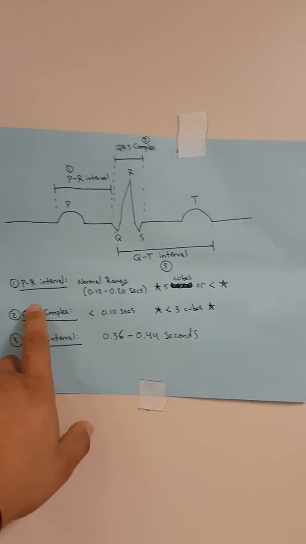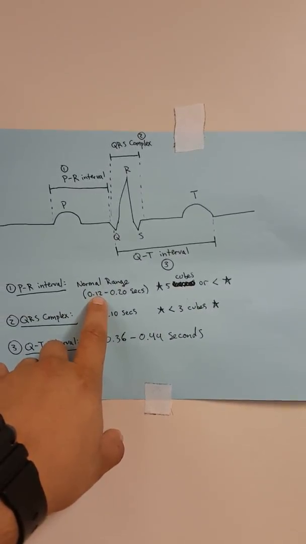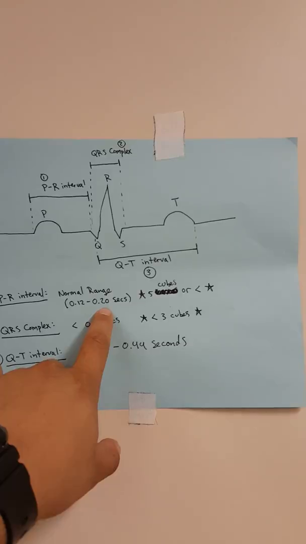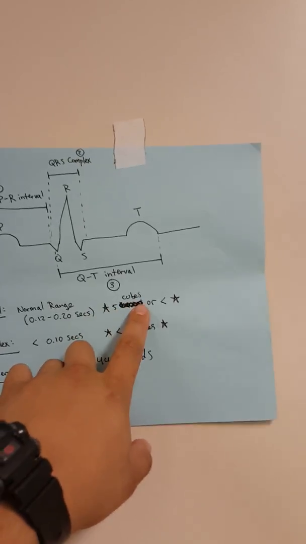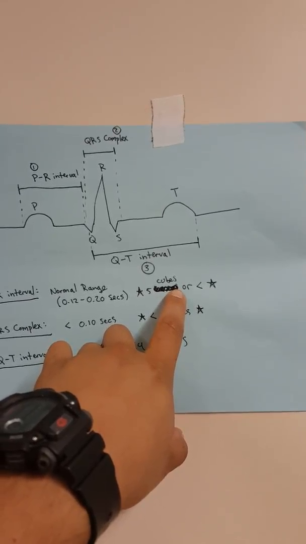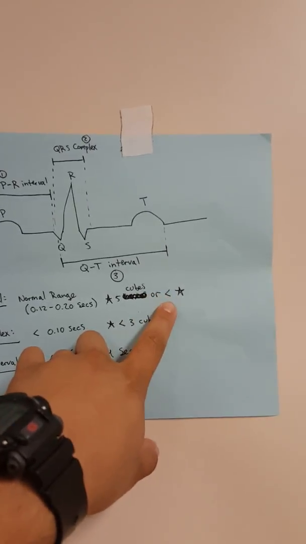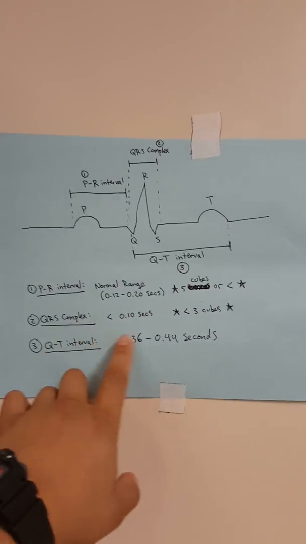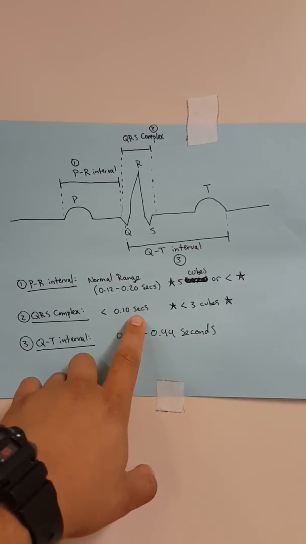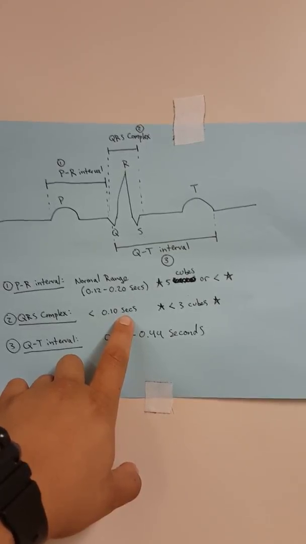Okay, the normal PR interval range is 0.12 to 0.20 seconds. I like to remember it as 5 cubes, which are the little tiny boxes, or less. So 5 or fewer cubes. Okay, this is a QRS complex. Normal range is less than 0.10 seconds.